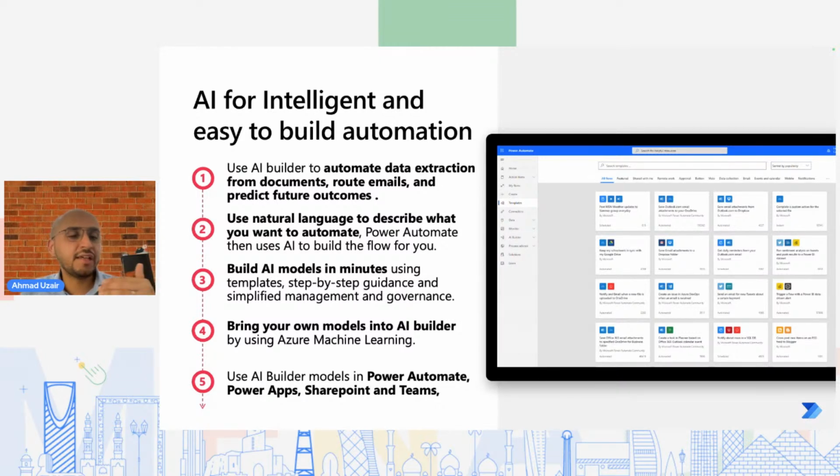It would classify the email as, okay, it's a marketing email for this department, for this department, for this department, and it will automatically forward that email to the concerned department. So that is the kind of automation that you can actually expect when using AI Builder.